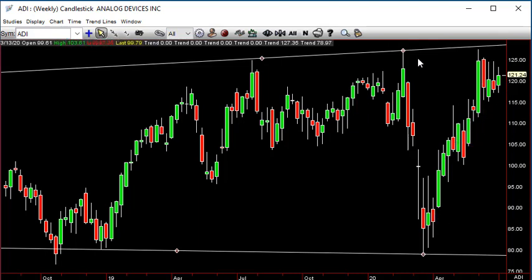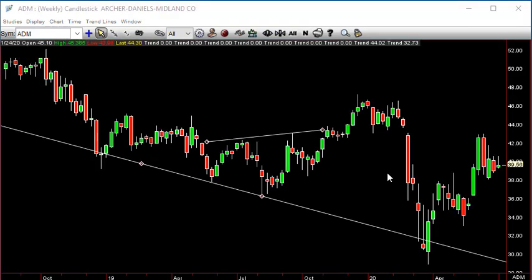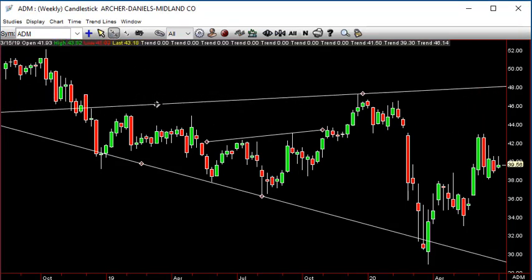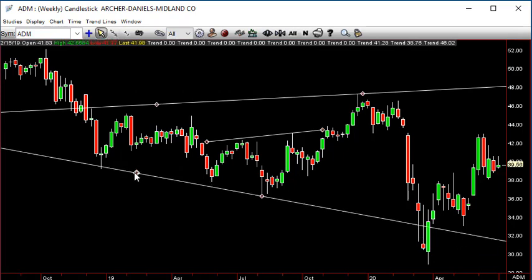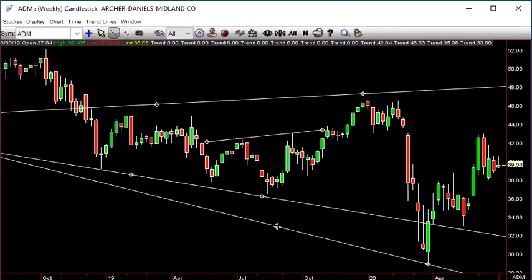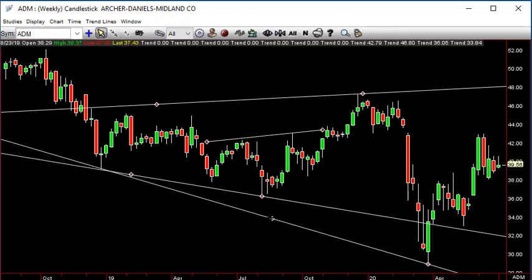Now inside here. Coming up just shy of that. We'll see if we can take that out. Archer Daniels Midland. Like so. And we can redraw because we had the expansion down here. Like so.